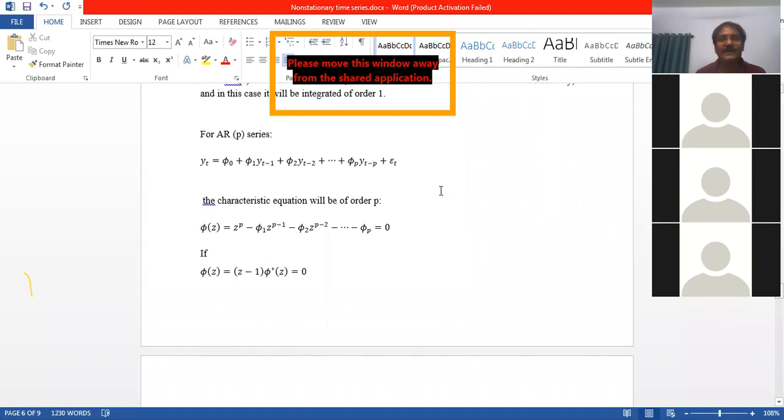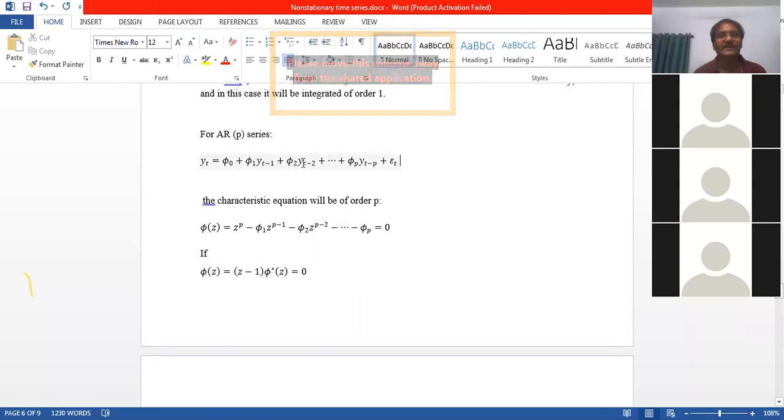Introduce the lag operator just by following the case of AR2. Do it yourself independently. I have not shown it here. So this is the expression for AR2. Introduce the lag operator.